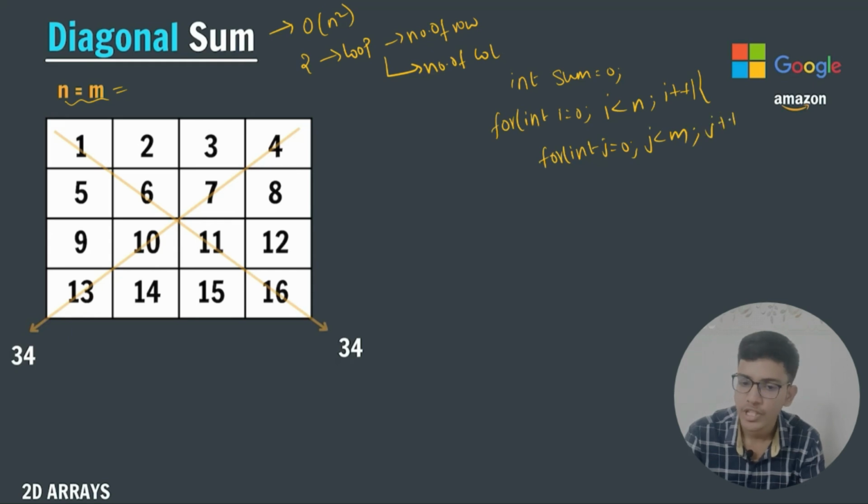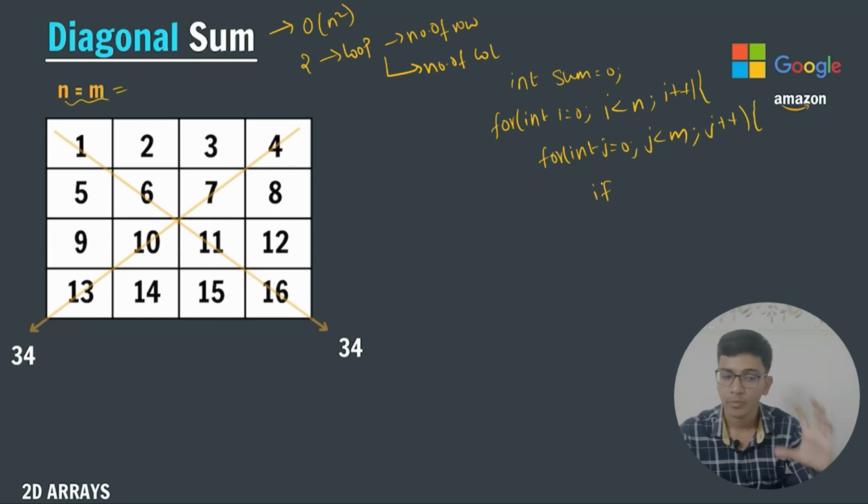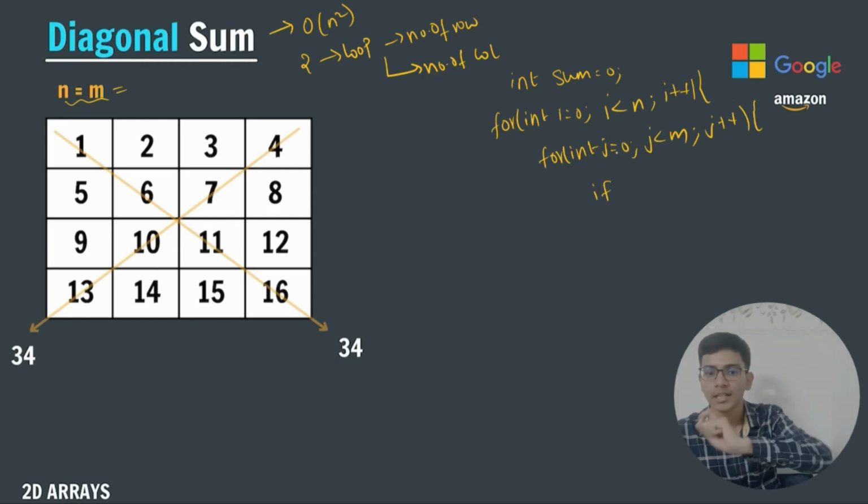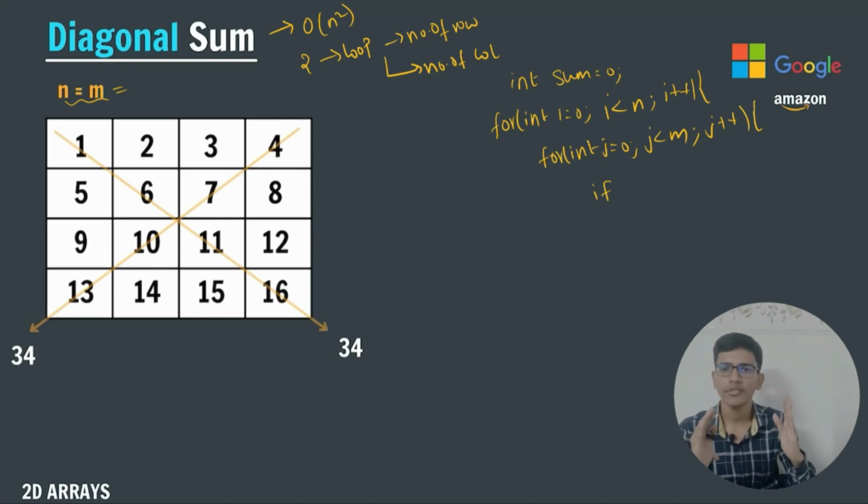After that j plus plus. In this I am checking whether my particular element belongs to the primary diagonal or the secondary diagonal. If a particular element is a part of a diagonal, whether primary or secondary, I need to add that element.